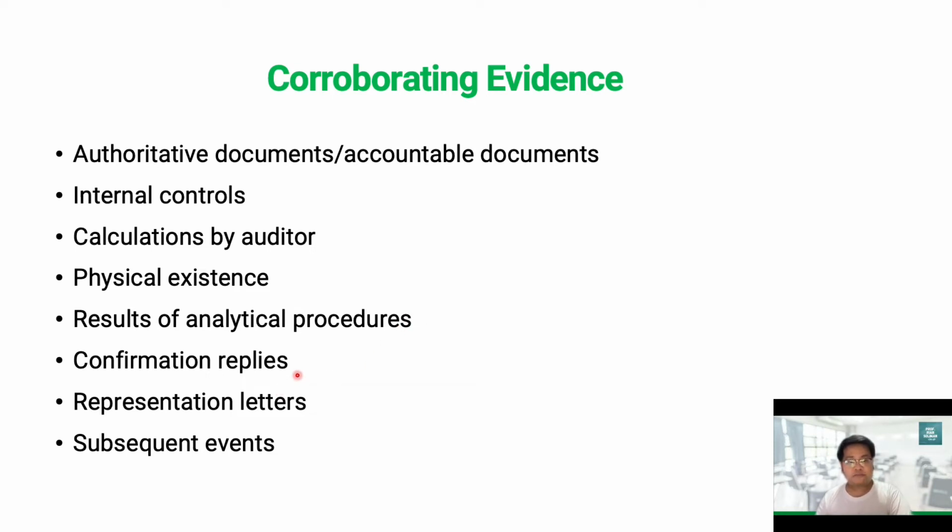Then replies from third parties like customers, banks, and suppliers. We also have representation letters. Representation letters are written representations received from the client. Confirmation replies are received from third parties, while representation letters come from the management, from the client. We also have subsequent events as another type of evidence that we can use.